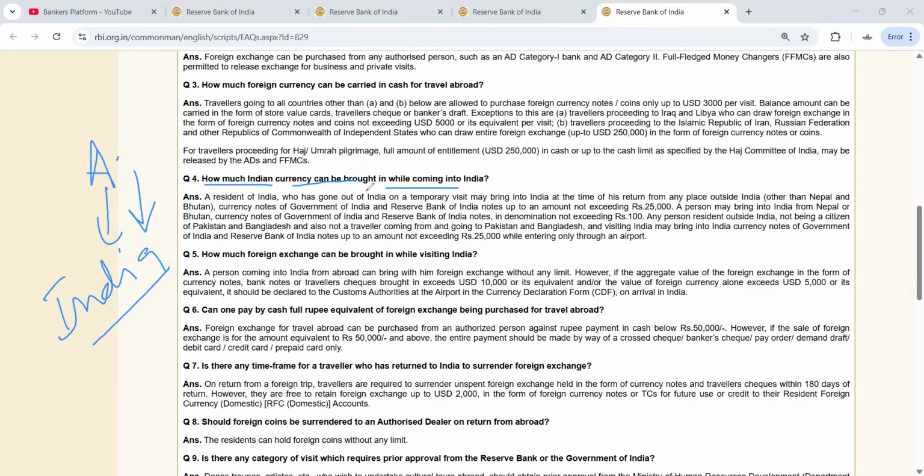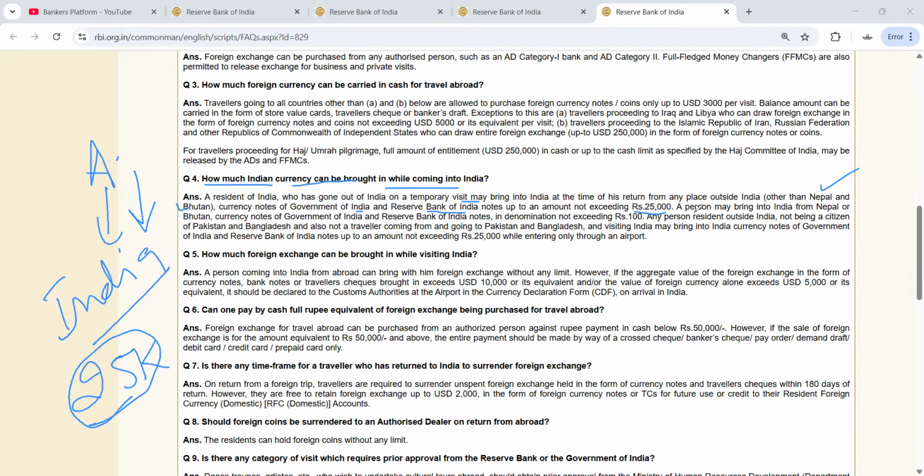A resident of India who has gone outside on a temporary visit may bring into India at the time of his return from any place outside India other than Nepal and Bhutan, currency notes of Government of India and Reserve Bank of India notes up to an amount not exceeding 25,000. So you can remember this: up to 25,000 a person can bring in Indian rupees when he is coming from outside India other than Nepal and Bhutan.